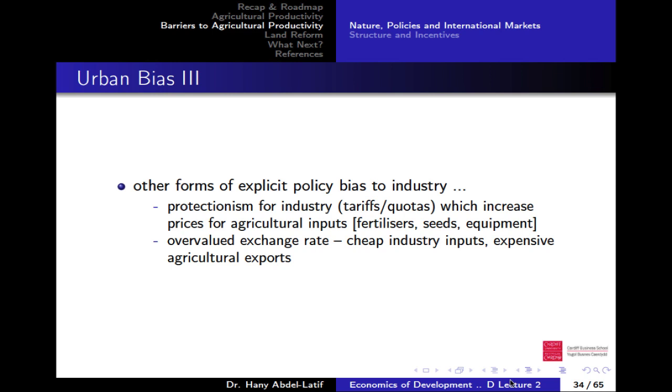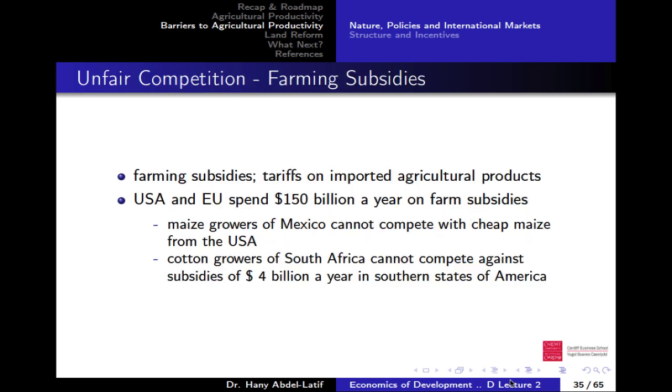So again, these are just examples of policies used by developing countries that cause damage to the agriculture sector. That might explain urban bias, and the low productivity in the agriculture sector in developing countries.